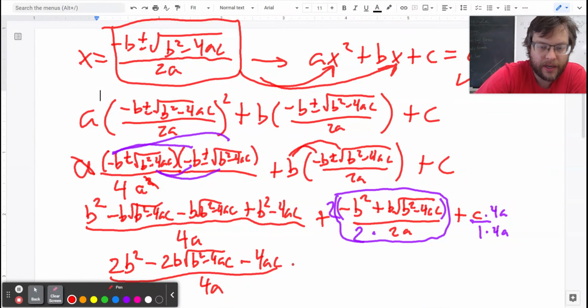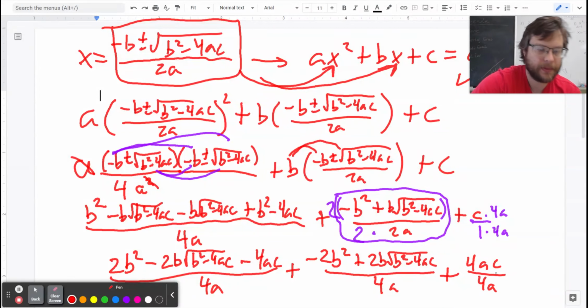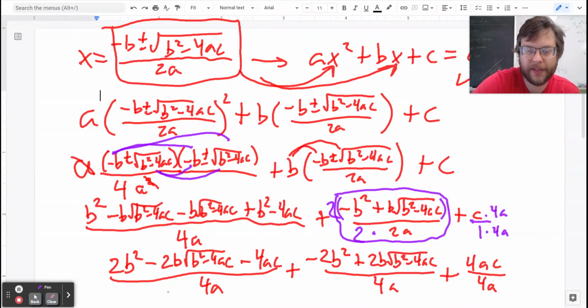So now here's what I have: plus negative 2b squared plus 2b times the square root of b squared minus 4ac, and that's over 4a, plus 4ac over 4a. And now here's where the magic happens. If you look at this, you'll notice the same things are showing up over and over again, and they're in opposites.